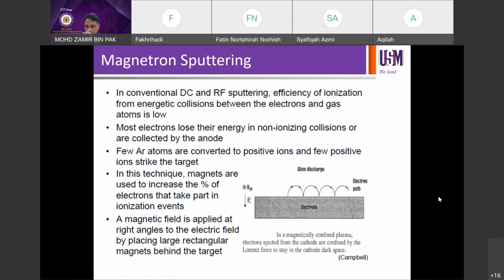All right, so let's see here some examples. Right, Juwaria. Nah, panjang list ni. Common compound reactively sputtered and the reactive gases employed are listed. Oxygen, banyak tu.